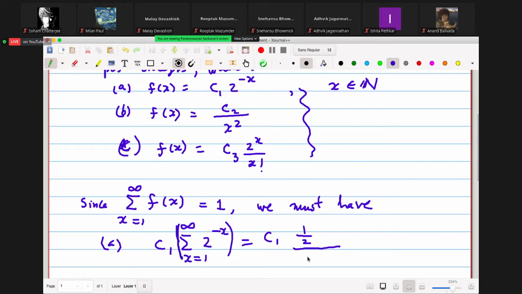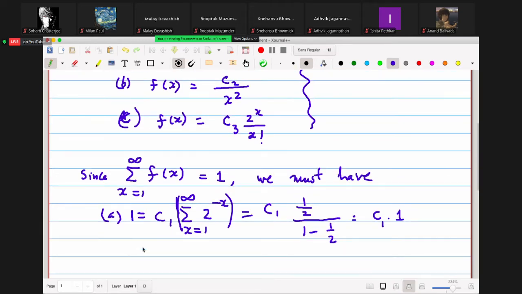Okay, so 1 by 2 is the first term, and then the common ratio is this. So this is the summation. So that is C1 times 1. So we must have this equal to 1. So this implies C1 equals 1.